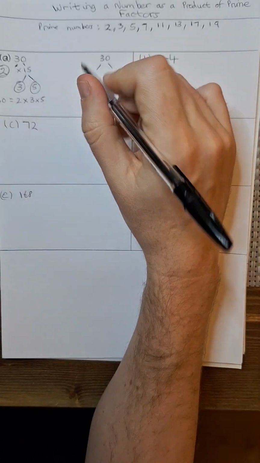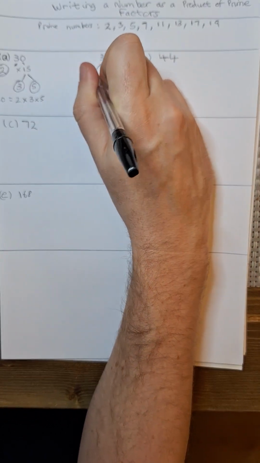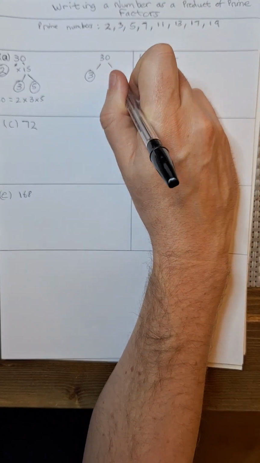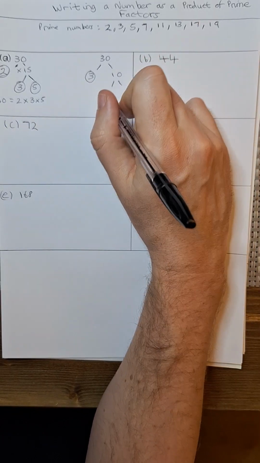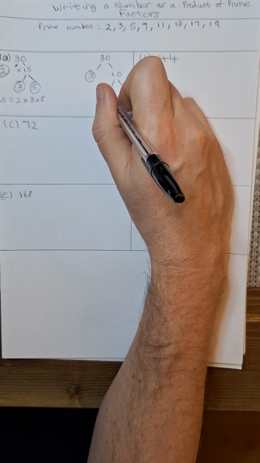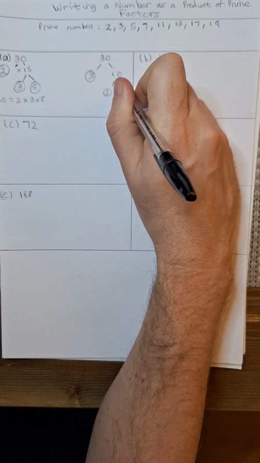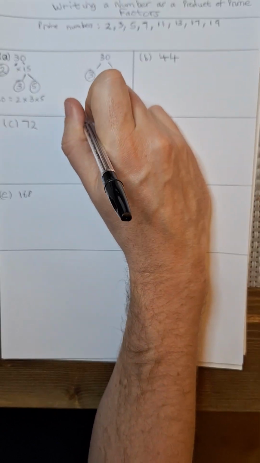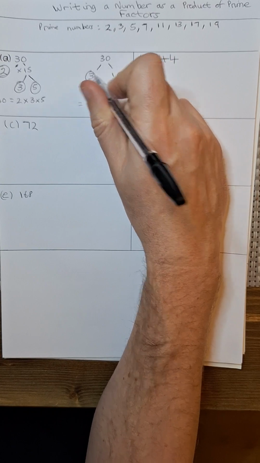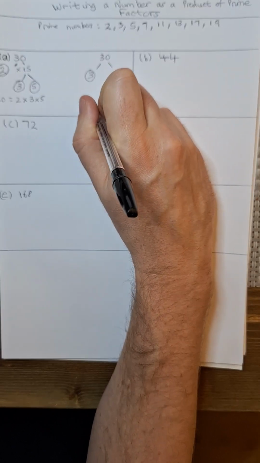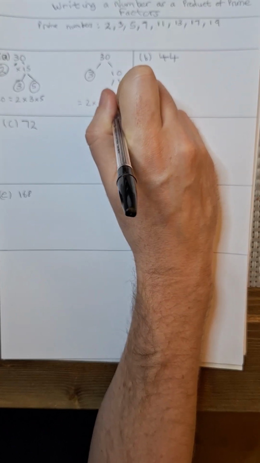And 3 is a prime number. And how do you make 10? Well, the only way of making 10 is 2 times 5, which also gives you 2 times 3 times 5. So you get the same answer.